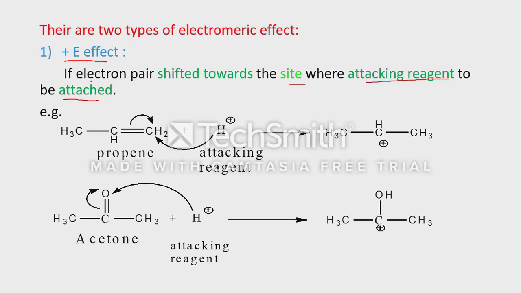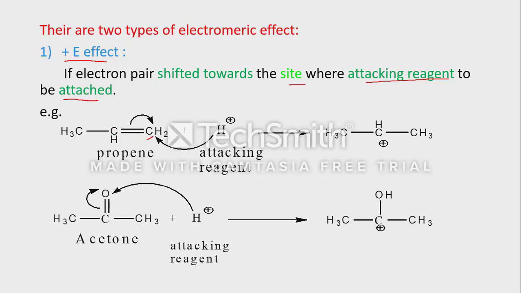Example: here the electron pair is shifted onto this carbon, and the attacking reagent proton also attacks this carbon. That's why this is a positive E effect, or positive electromeric effect.